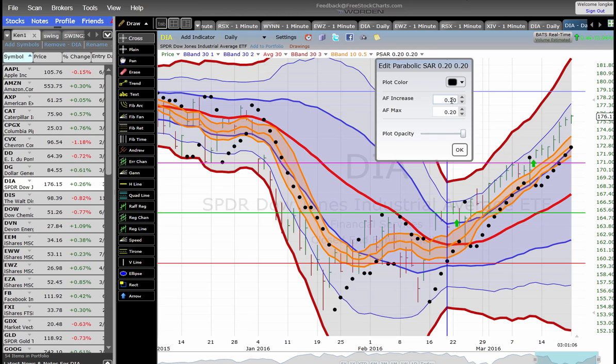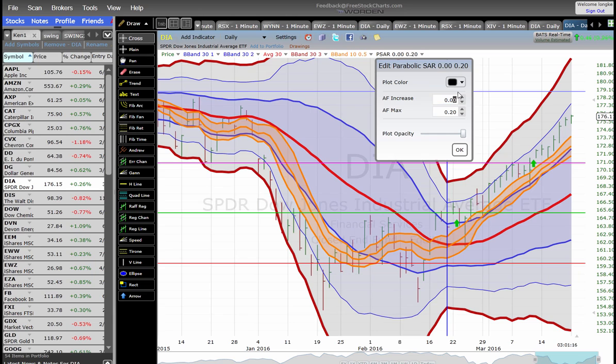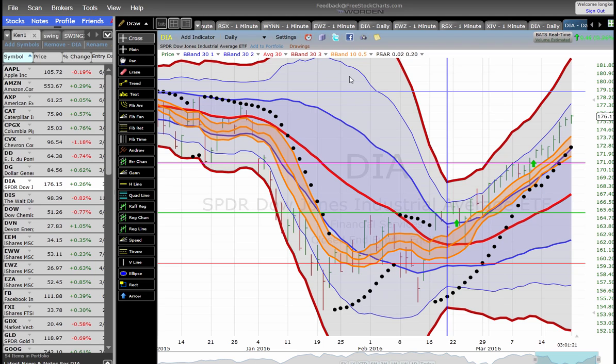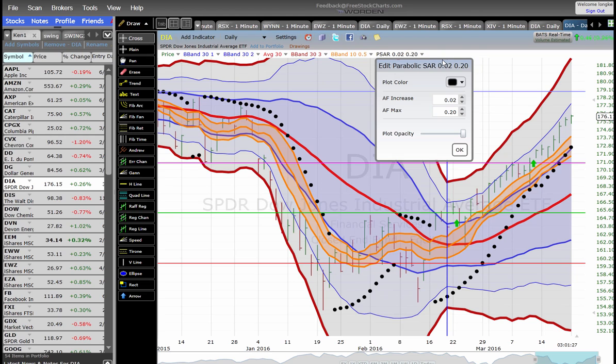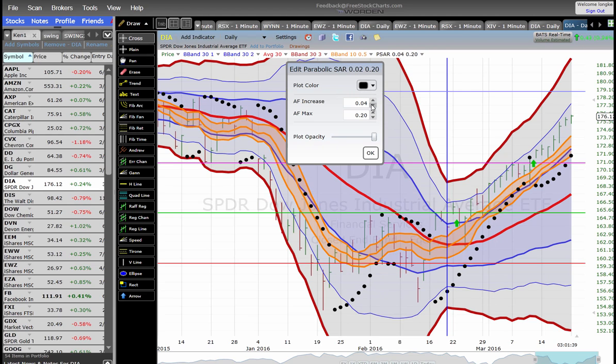I just started off with the conventional 0.02, and then tuned that to where I was placing my stop so that I could offload some of that intuition to math. And so if I'm trading this one and my initial stop is down here at the red line, well, you can see that the PSAR is too far away. Oops, so I need to start tightening that up a little bit.